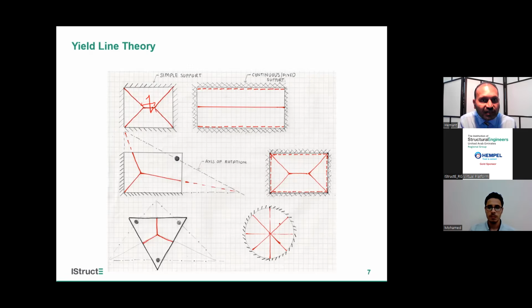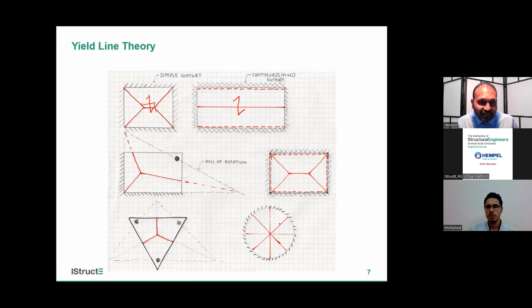The dark line shows tension at the bottom, and the dotted line shows tension at the top. If I have a fixed slab with Ly by Lx more than 2, it is transferring one-way load, so this will be my yield line diagram.